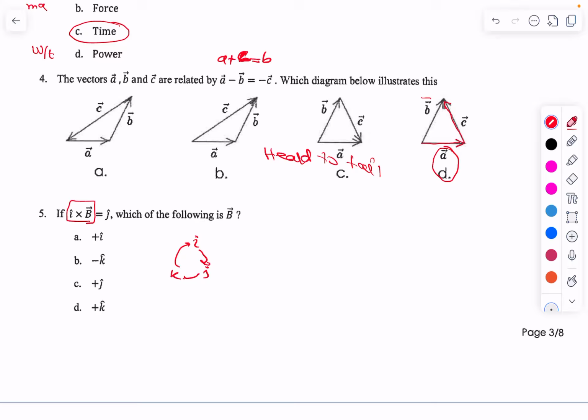So I cross J is equal to K. So I cross K equals J, or if we take the cross, it will give us J, so it will be I cross minus K to become J. So this is the correct answer.